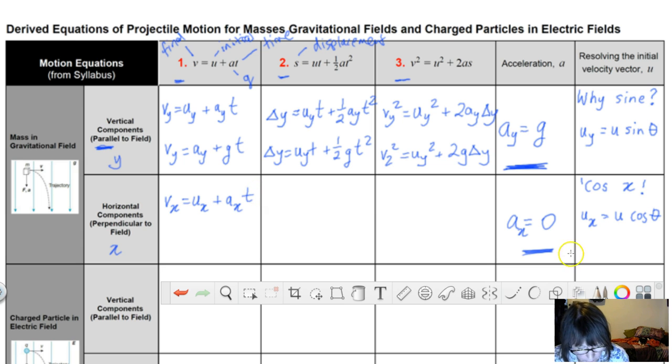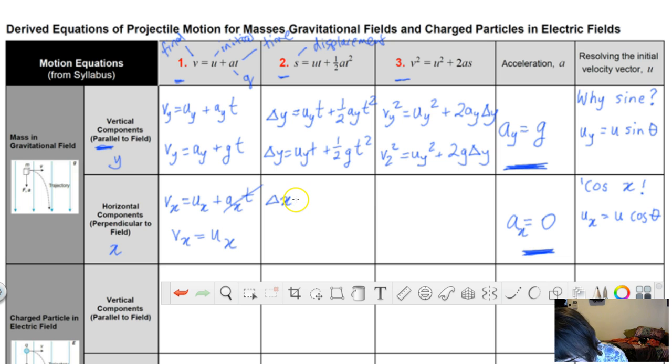Now, going back over here, the horizontal acceleration is 0 because the velocity is constant, so we can just eliminate that component and we get the final equation of vx equals ux, or final horizontal velocity equals initial horizontal velocity.